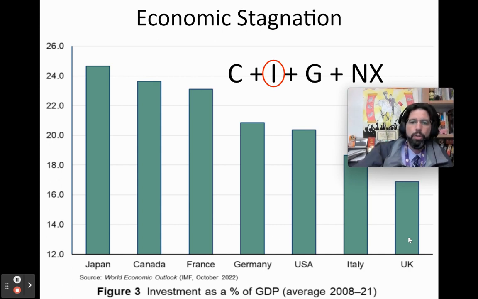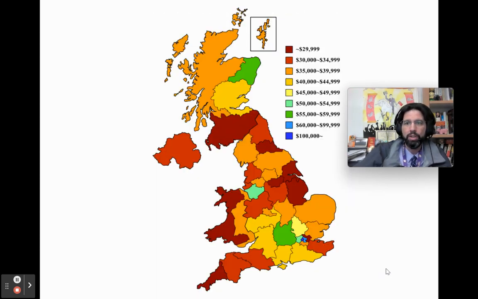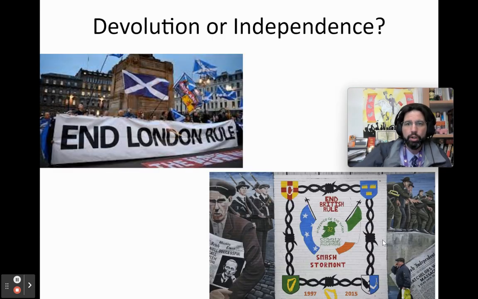The UK has some of the worst business investment. It's just really hard to do business in the UK for a variety of reasons, including regulations. So you have this economic stagnation. Businesses aren't investing in the country, resulting, of course, in less taxes and therefore more cuts in social safety nets and services. This is why you have the GDP per capita problem, the class distinction here.